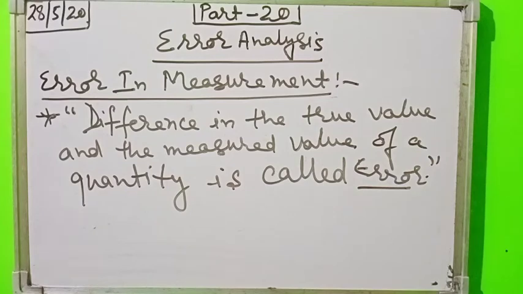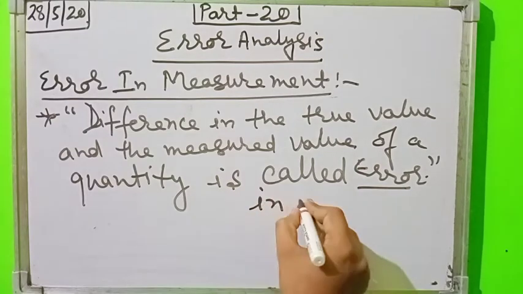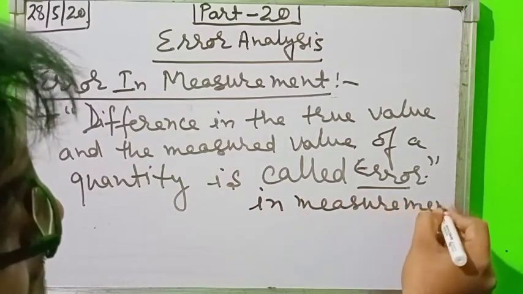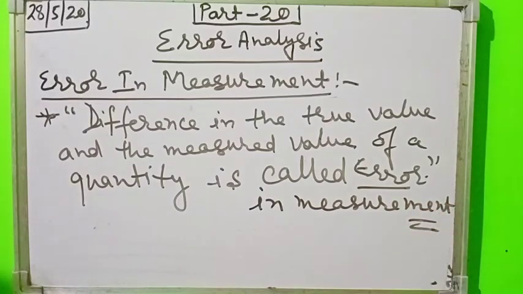What is the difference between true value and measured value? That is called error in measurement.